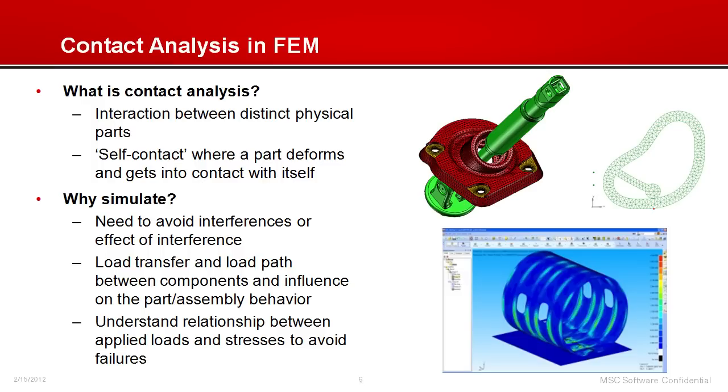Another thing we need to make sure of is, for example, in this animation of a seal, something that we call self-contact. Sometimes self-contact may not be important, and sometimes it is very important. Any contact algorithm that you use needs to be able to capture this self-contact.